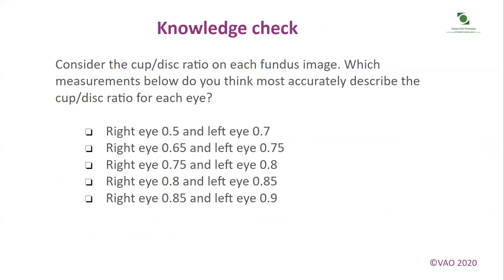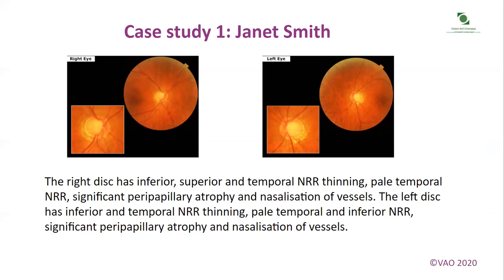Consider the cup-to-disc ratio in each fundus image. Which measurements below do you think most accurately describe the cup-to-disc ratio for each eye? We will return briefly to show you the images again for you to make a decision.